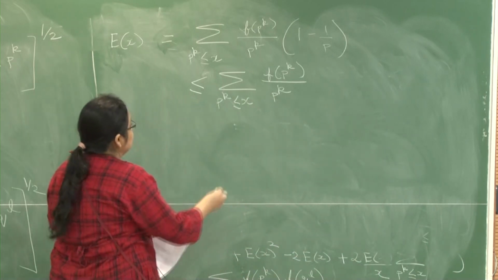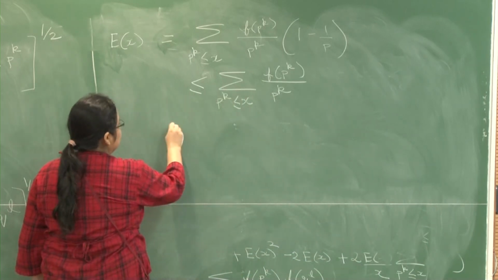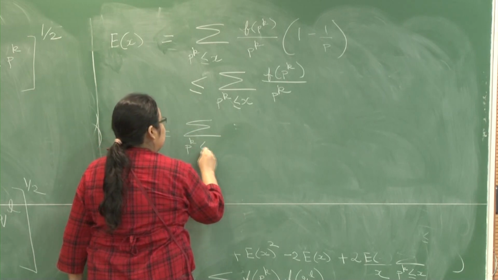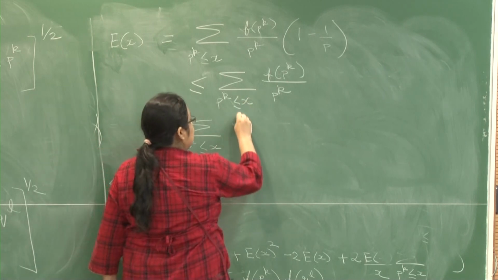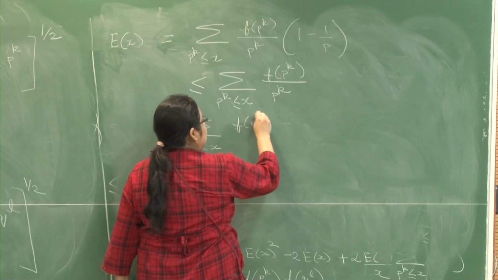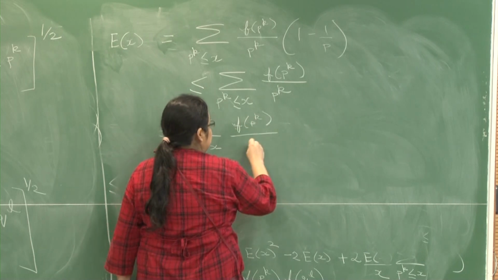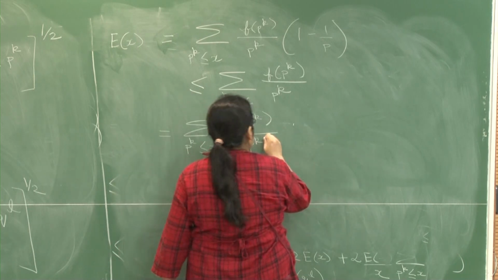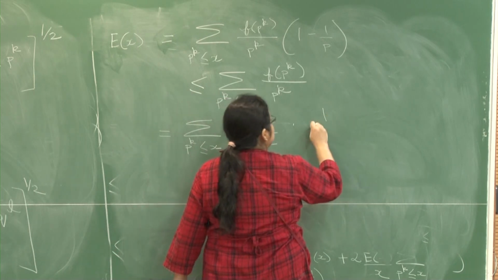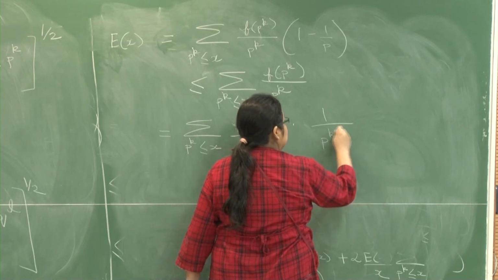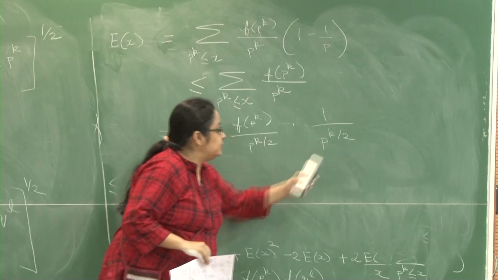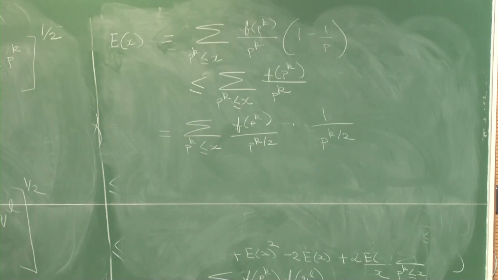First we write this as the summation over p to the k less than or equal to x of f of p to the k over p to the k by 2, times 1 over p raised to the k by 2. Treat these as the two different sequences and apply Cauchy-Schwarz to them.